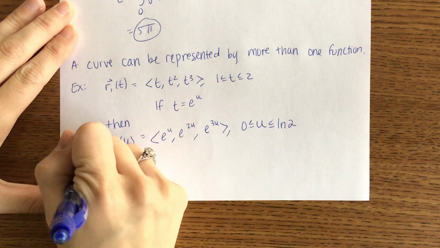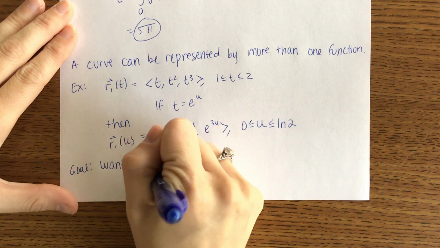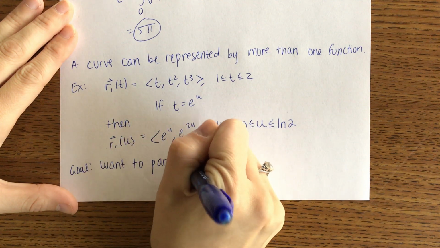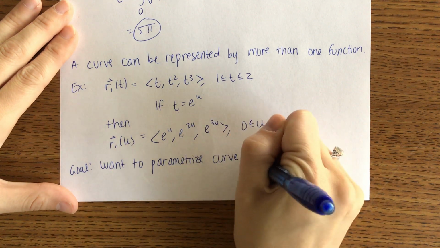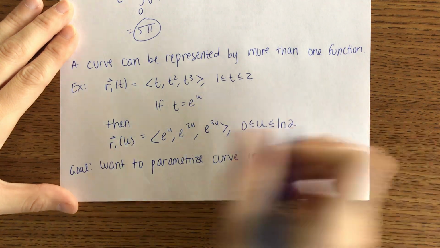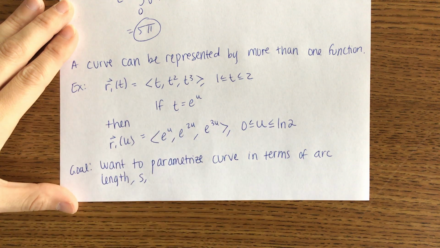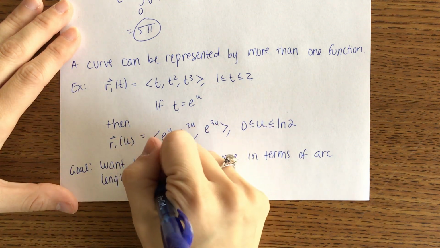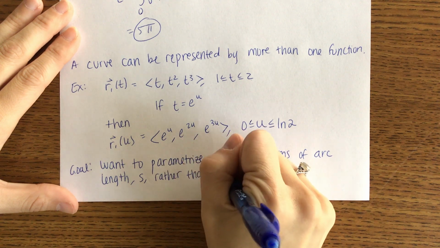The goal for today is we want to parameterize a curve in terms of its arc length, which we normally call S, rather than some arbitrary variable.